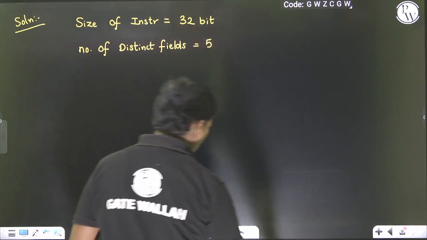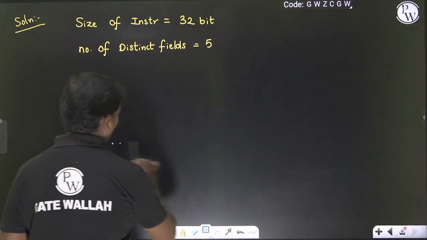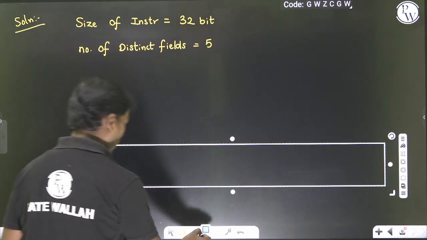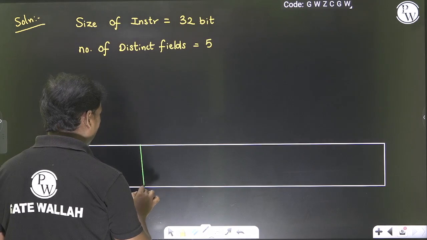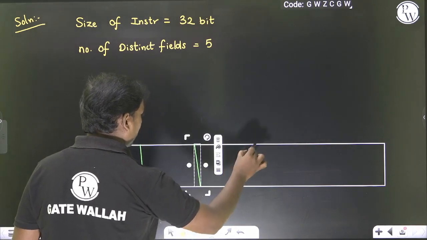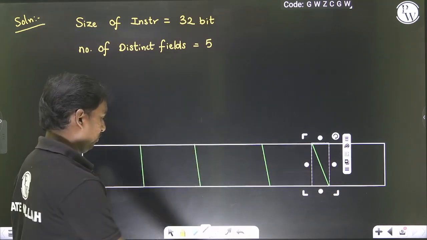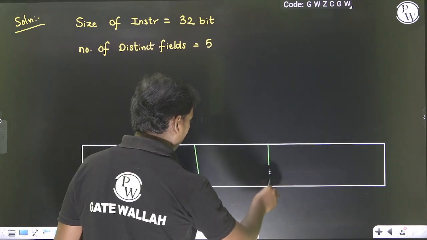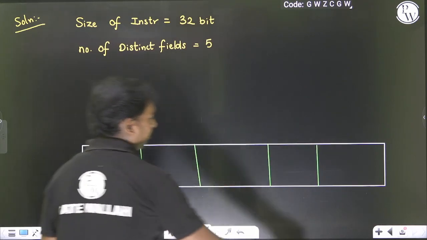So first of all, we take the shape as 5 fields: field 1, field 2, field 3, field 4, field 5.